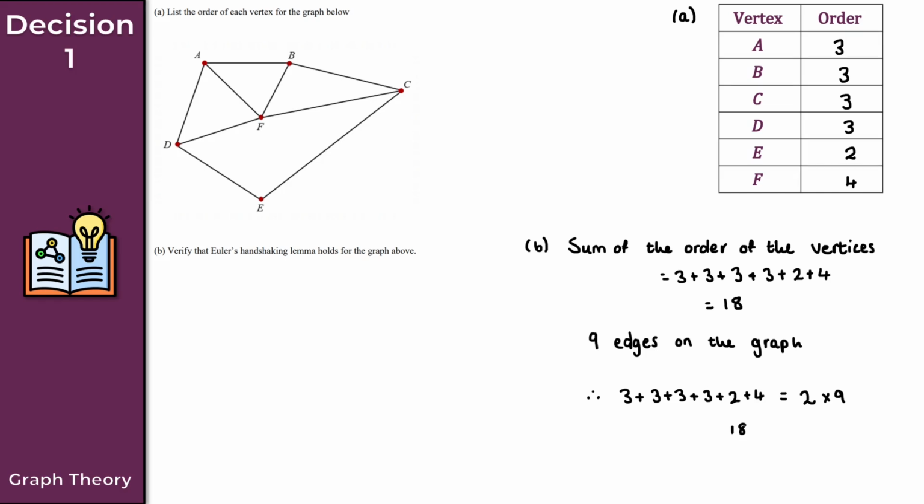So 18 on the left-hand side, 18 on the right-hand side, and therefore Euler's handshaking lemma holds. Okay, and there we have it. Hopefully nice and straightforward. That gives us the solution to question 1.